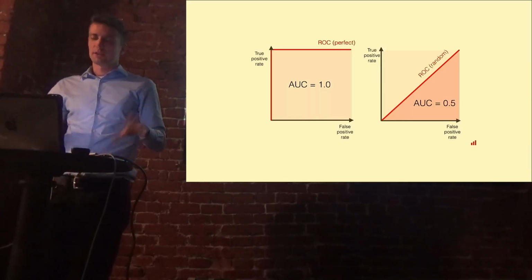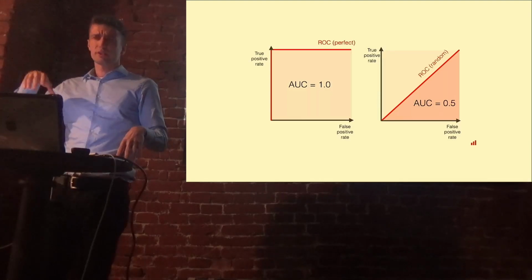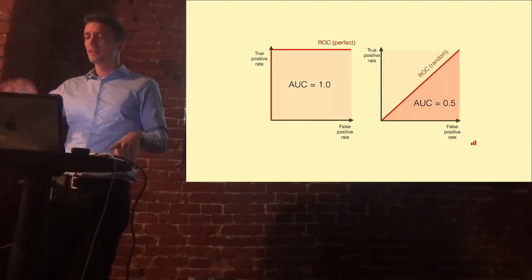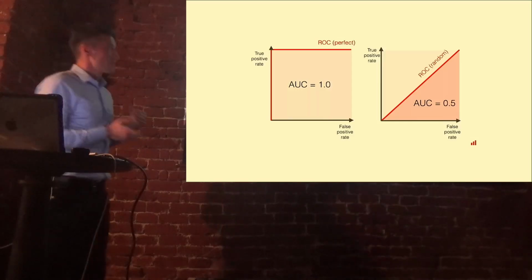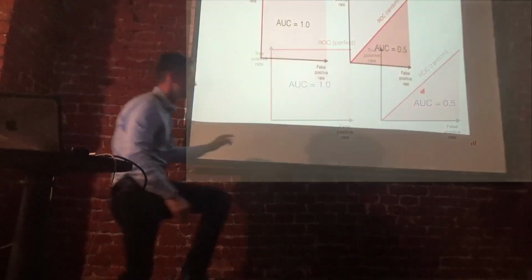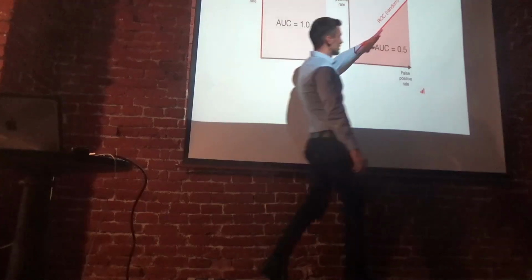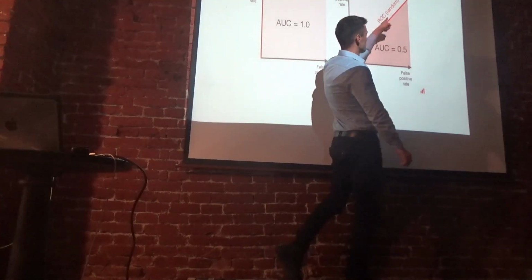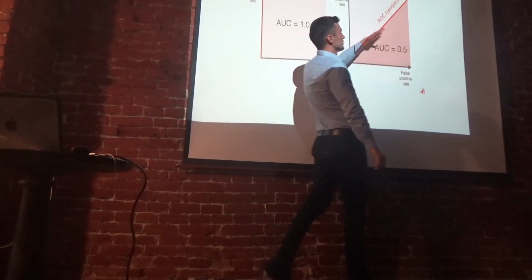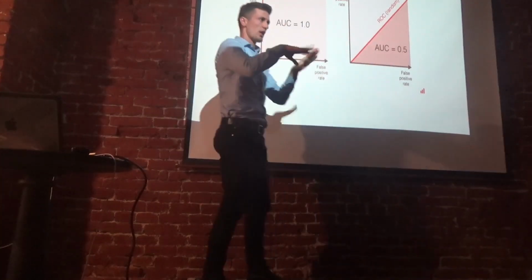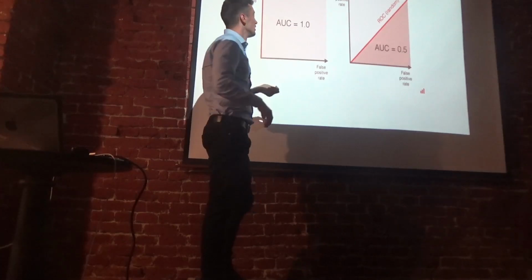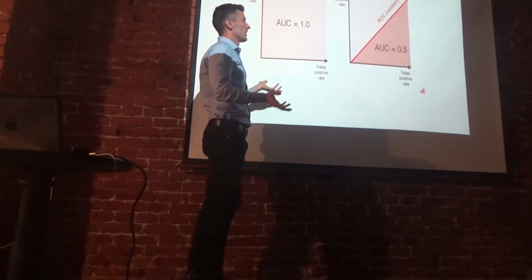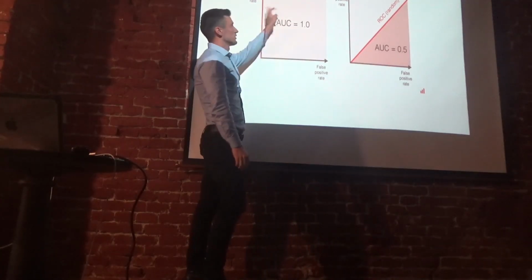ROC, receiver operating characteristic, is an evaluation of how good your model is. If the curve is like this, it's random, the model is working randomly, with no value for you, but this model is just perfect.